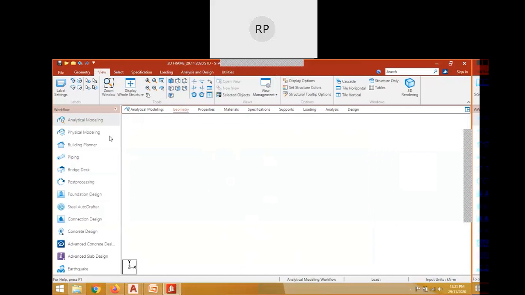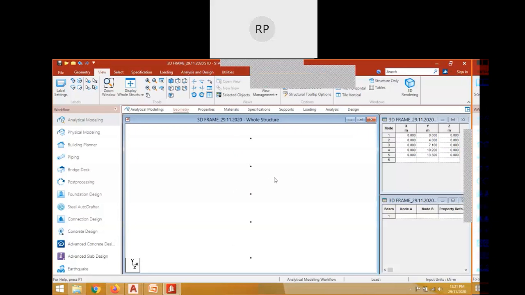Just close this. Okay, I can see only 3 points here. Yes, is it visible to you now? All 5 points, 1, 2, 3, 4, 5. Yes, it is visible. So now what we have done is actually we have created these points only.